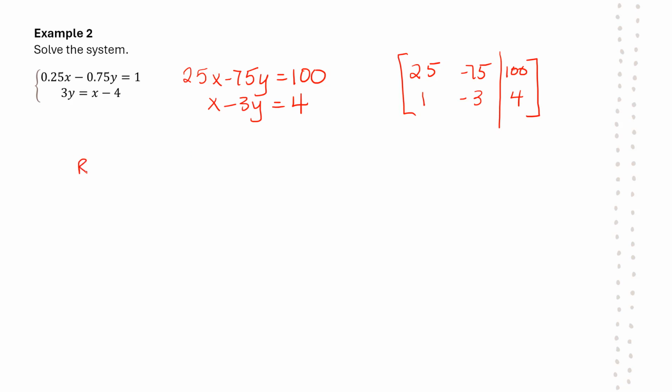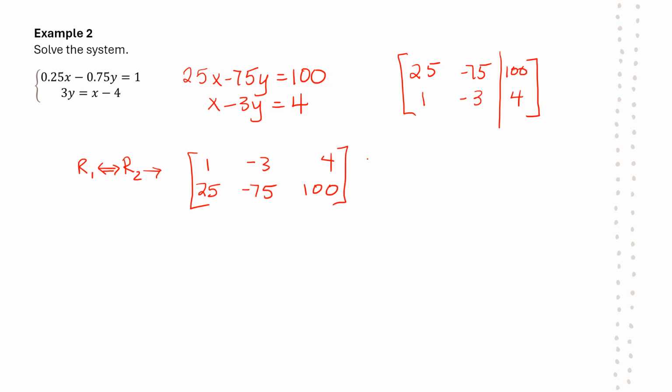All right, so if we were going to solve this, we would want to switch the two equations. So we would switch our 1 with our 2 because our 2 has a leading 1, and we want that in the first row. So 1, negative 3, 4 in the first row, and 25, negative 75, 100 in the second row.